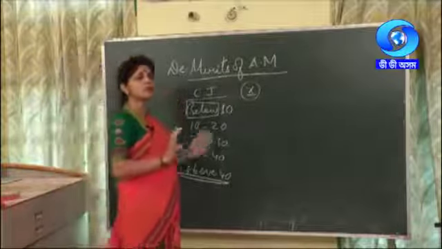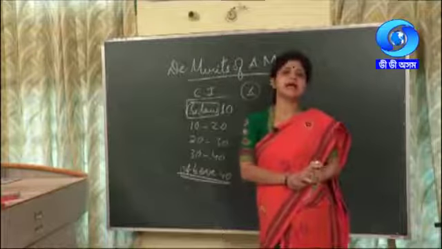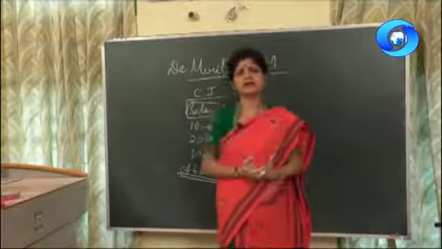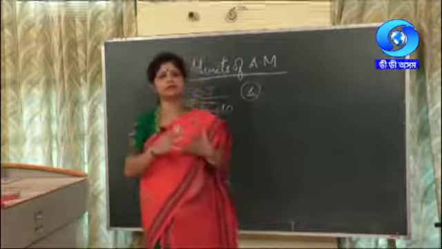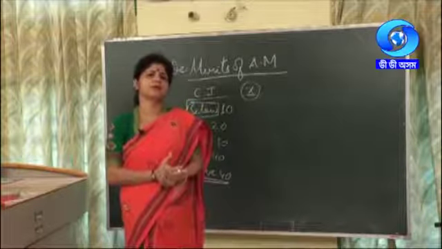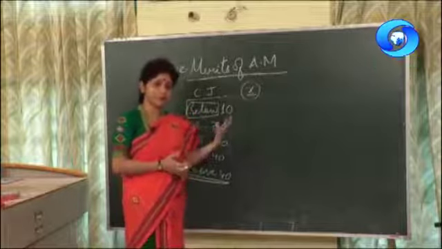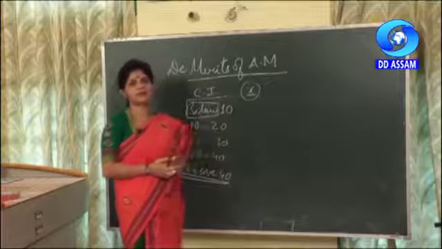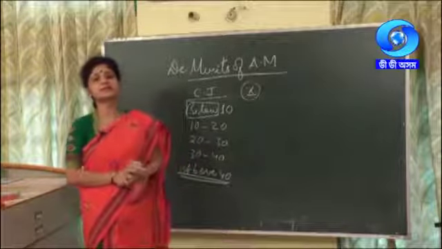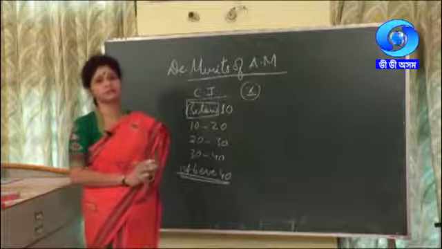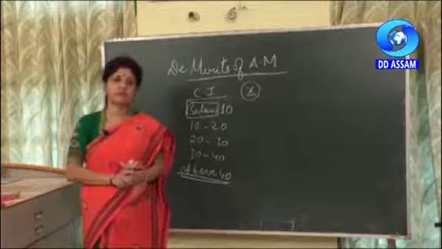But looking into the usefulness, the simplicity and its use, and the easy mode of calculation, and the maximum use of this measure, arithmetic mean is considered to be the best measure of central tendency or best measure of average.